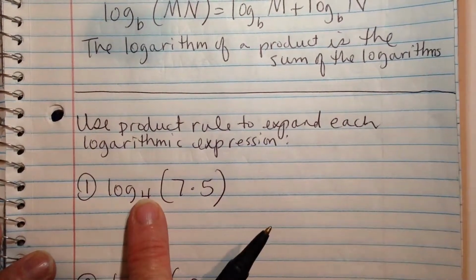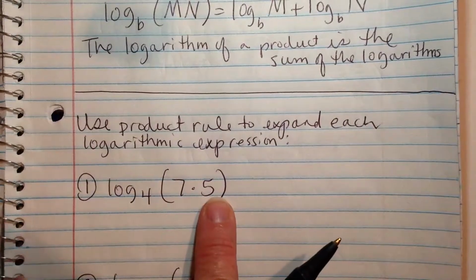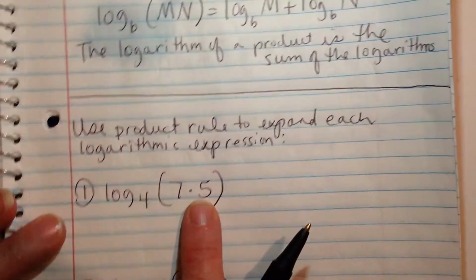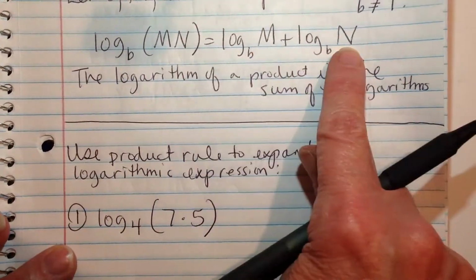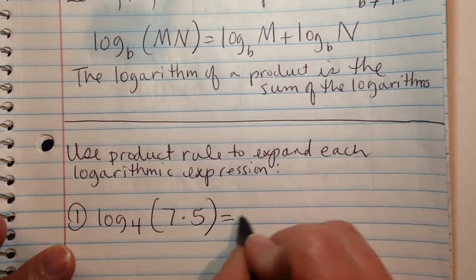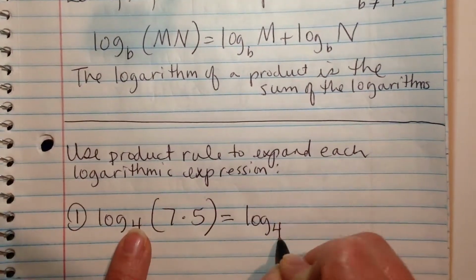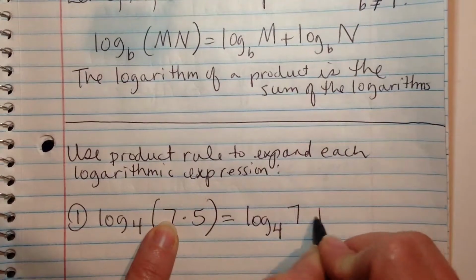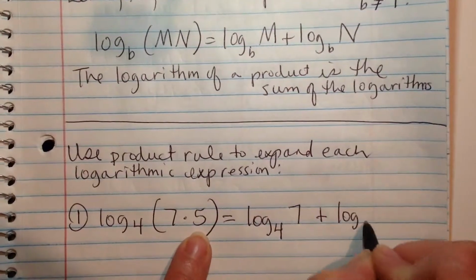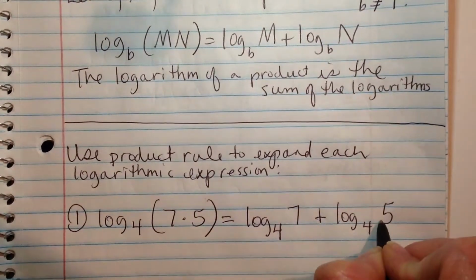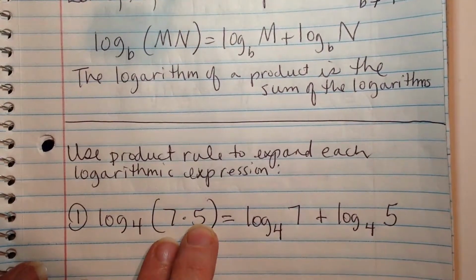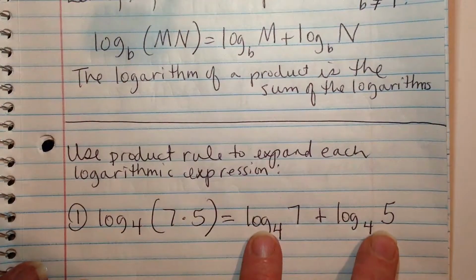Log base 4 of 7 times 5. That's a product. So according to our rule, we're going to separate them apart. So this would equal log base 4 of 7 plus log base 4 of 5. So our product was separated out into the sum of the logarithms.